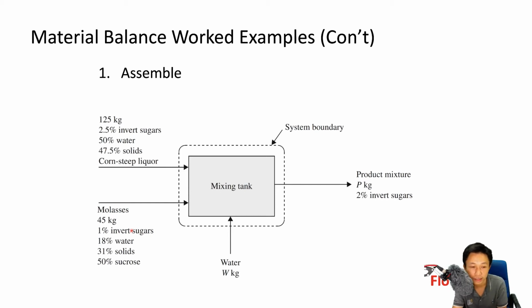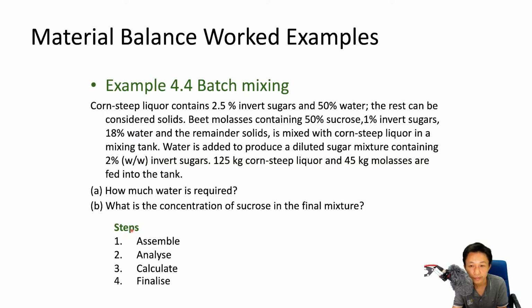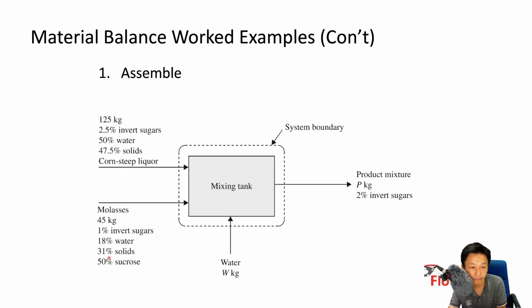Sucrose is a disaccharide sugar. See, beet molasses, 50% sucrose, 1% sugar, 18% water, and the remaining. So you need to identify the solid: 100 minus 50 minus 1 minus 18. That is 31. Okay, and the other stream is water.